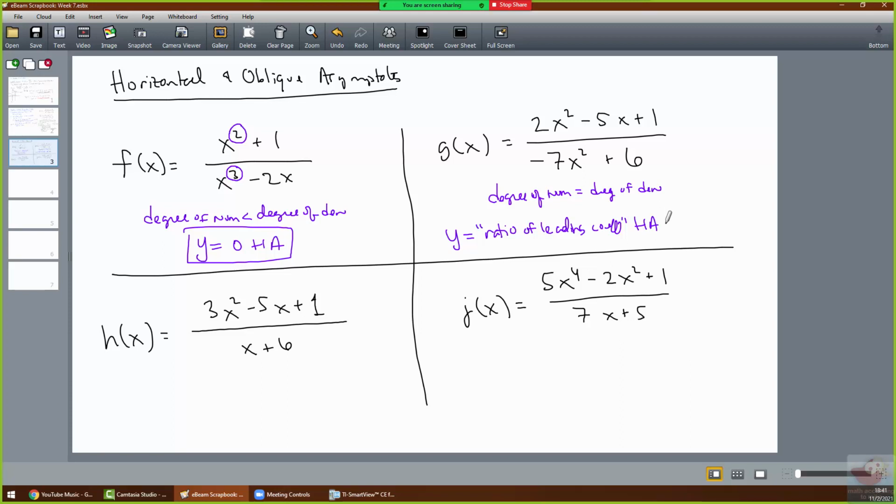Ratio is just fancy talk for fraction. What's the leading coefficient in the numerator? Two. Good. And the denominator? -7. Good. So the ratio of leading coefficients would be -2/7. That would be your horizontal asymptote.